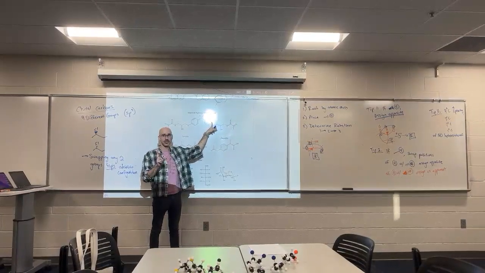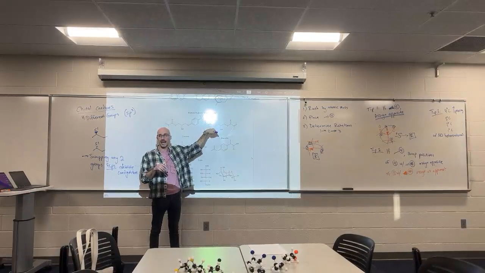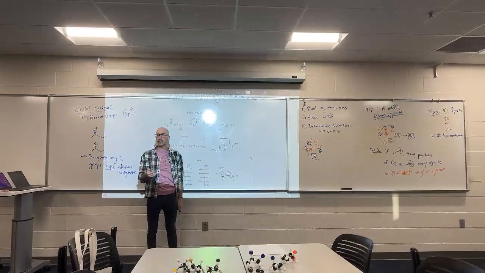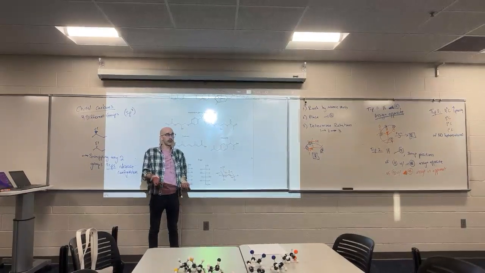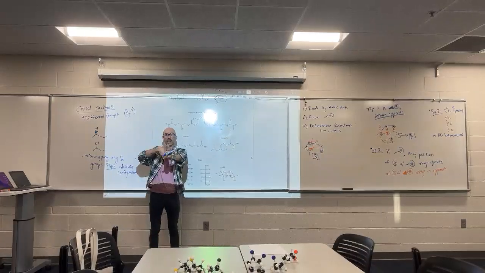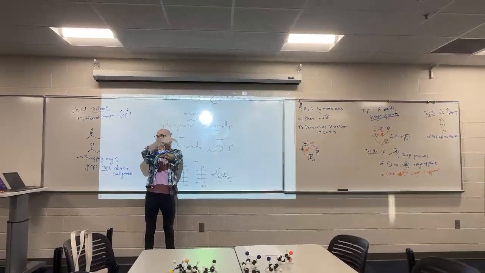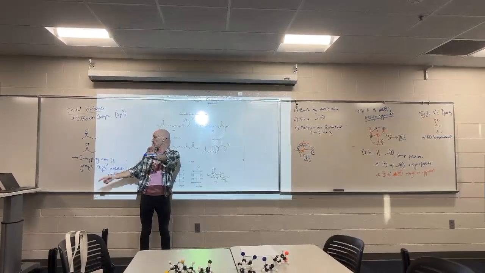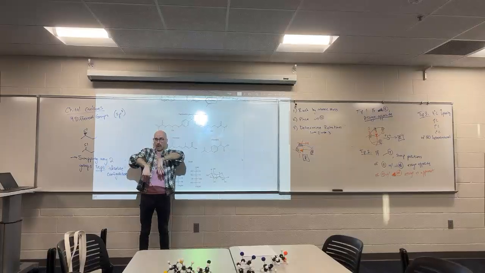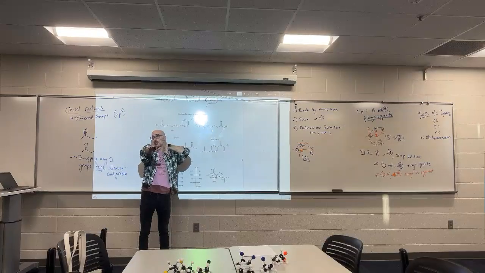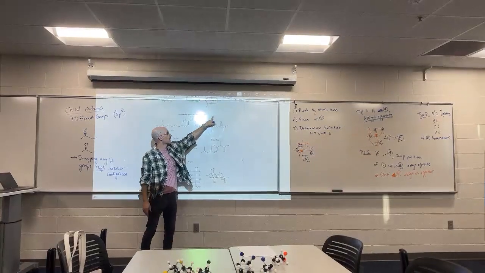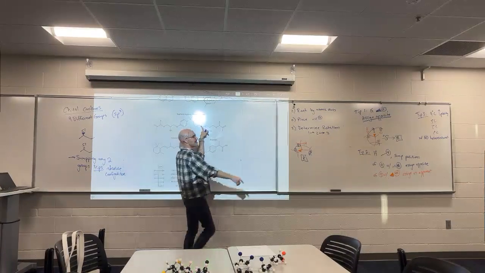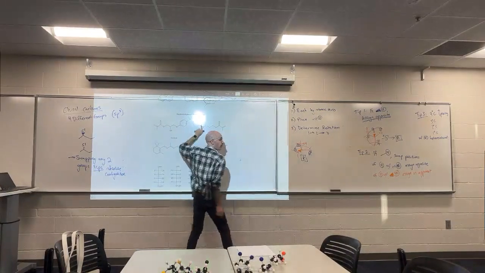But I can control the position of the wedge and the dash. So if you ever need to draw a chiral center, you can do a bit of guess and check. Draw it this way, see if it obeys your rules. And if it's wrong, just swap two of those groups and you will change its absolute configuration. This one was easy because it already looks S, so I just need to make it obey that rule.